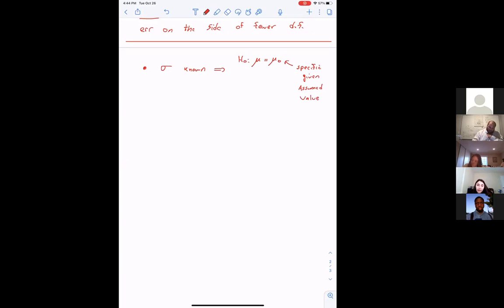And then we also had the alternative hypothesis where mu is either greater than mu naught, or mu is less than mu naught, or mu is just straight up not equal to mu naught. Those are the three possibilities. What is mu, by the way, in these situations? Mu naught is a specific given assumed value, but what is mu?